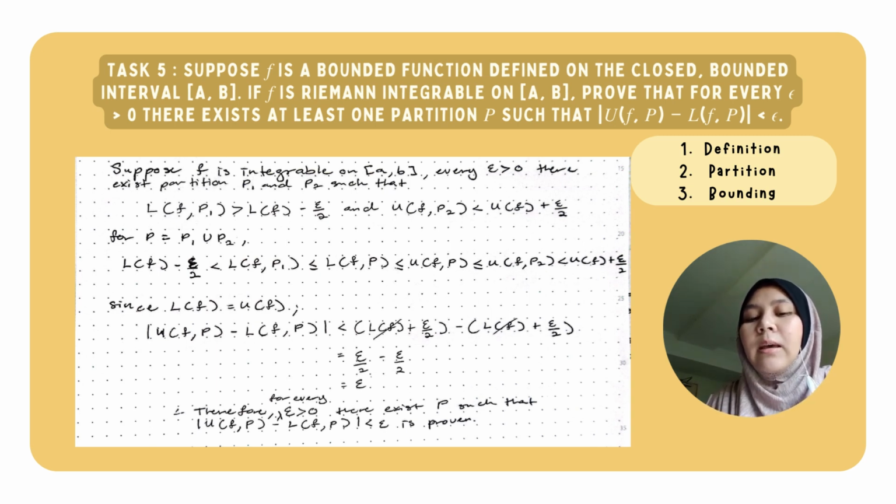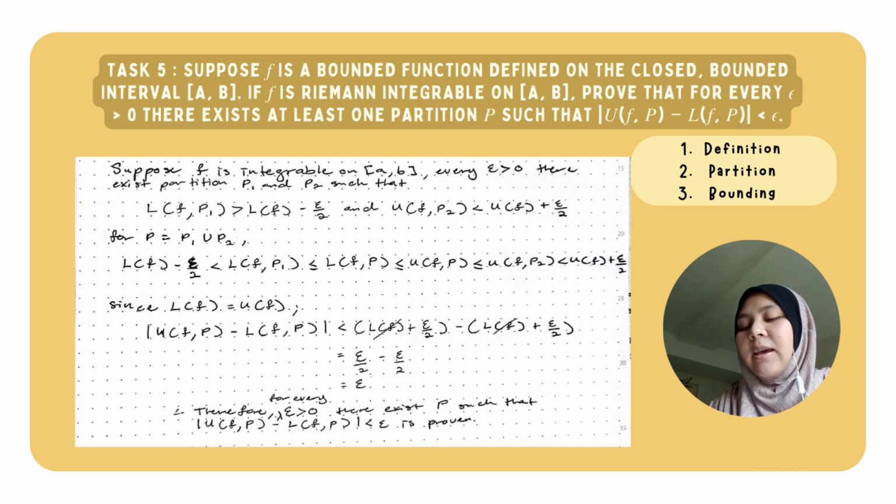For every epsilon bigger than 0, there exist partitions P1 and P2 such that L(f,P1) is bigger than L(f) minus epsilon over 2 and U(f,P2) is smaller than U(f) plus epsilon over 2. To show that P is equal to P1 union P2, we can show it as the given answer at the side.